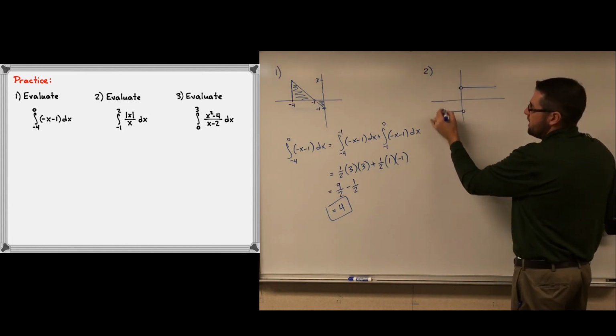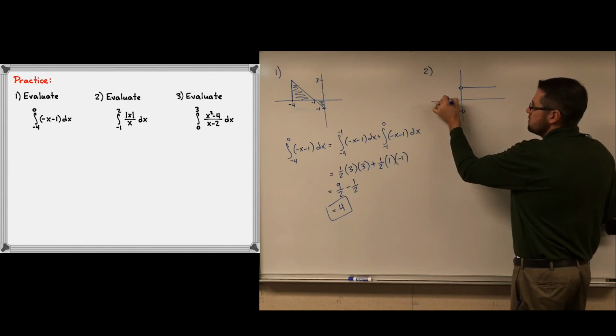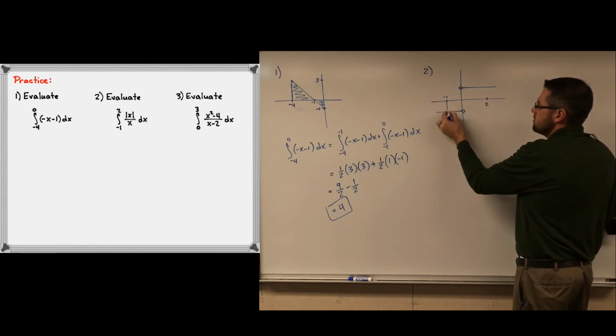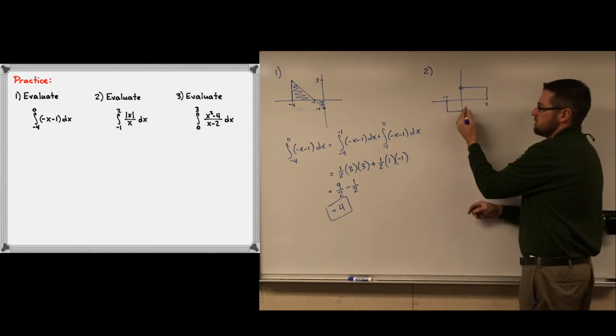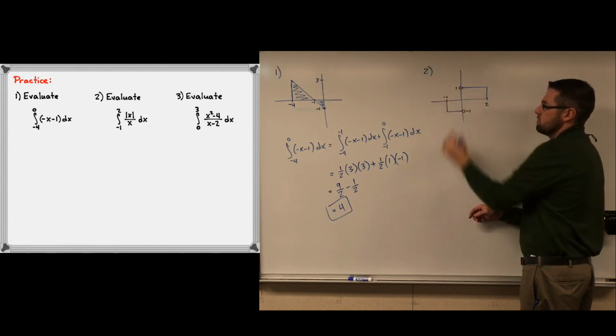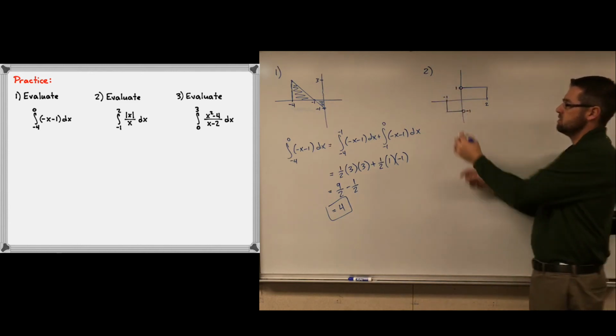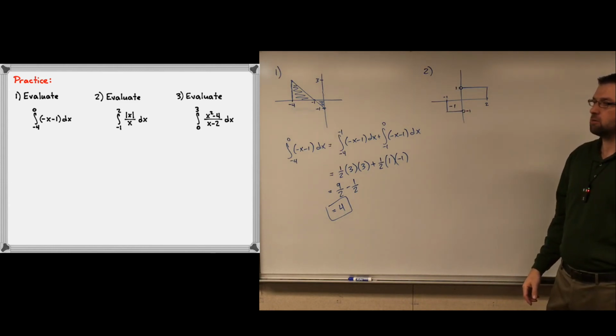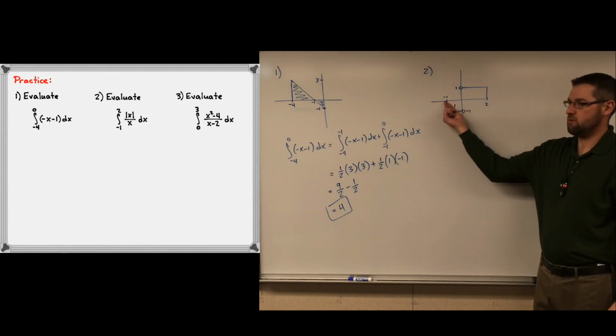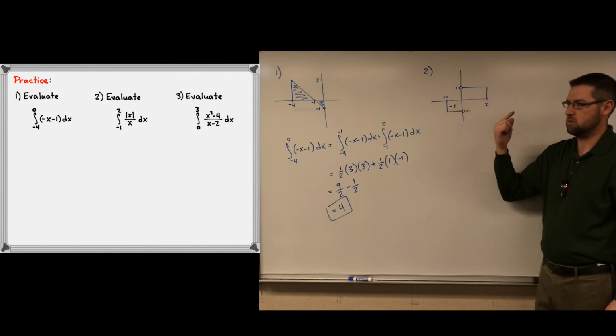Okay, so we're going from what? -1 to 2? All right, this should be easy enough then. What is this area? What is this area here? This is -1, this is 1. We're reading from -1 to 0.